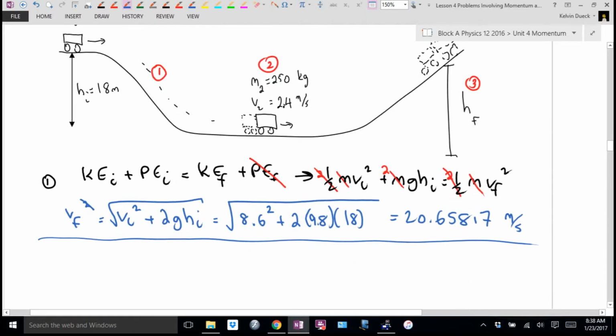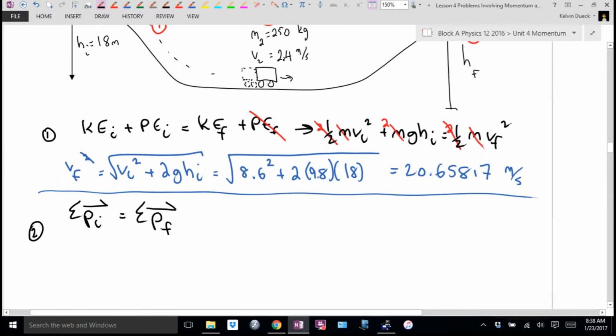Part 2, the collision. That's a job for conservation of momentum. The sum of all the momentum before equals the sum of all the momentum after. Before the collision, what's moving?